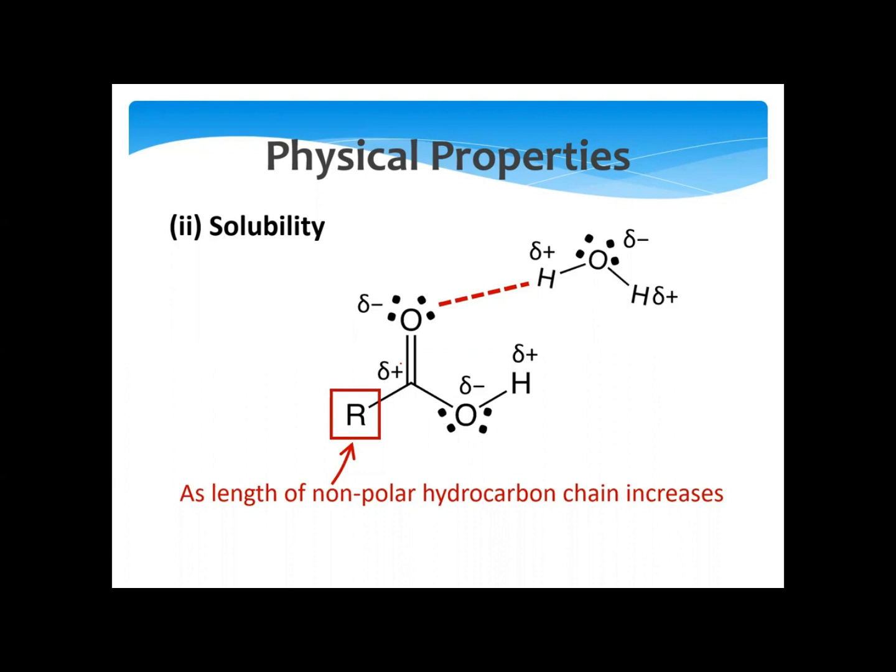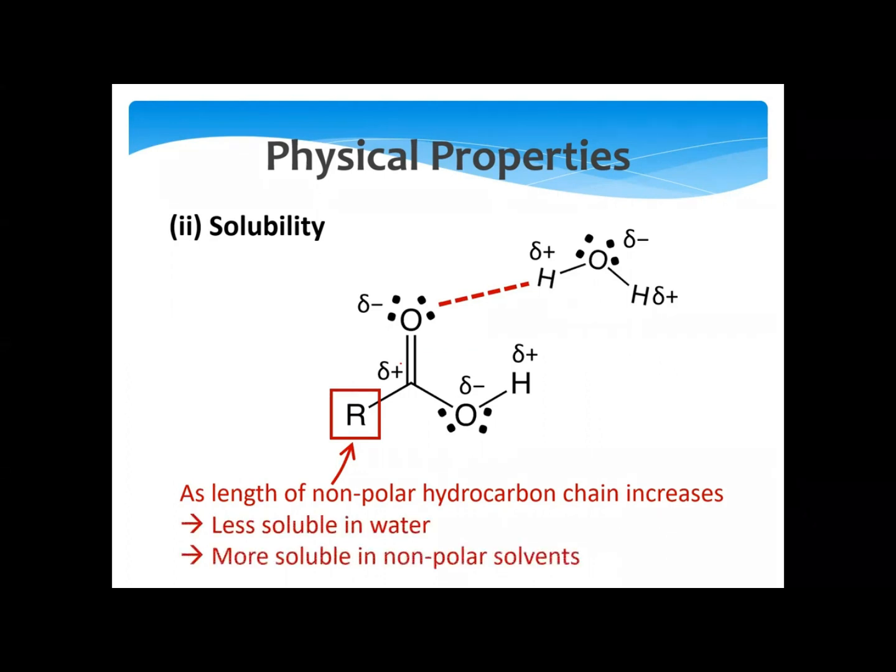So when the length of the non-polar hydrocarbon chain increases, the carboxylic acid will be less soluble in water, but become more soluble in non-polar solvents, because the R group will form favorable interactions with non-polar solvents instead. So this is for solubility of carboxylic acids.